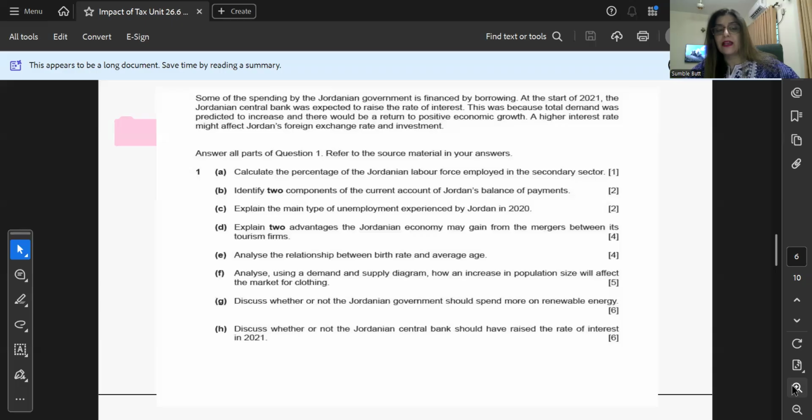Part E. Analyze the relationship between birth rate and average age. Firstly, it seems that Jordan has a young population, which means more people will be available in the country to do jobs.